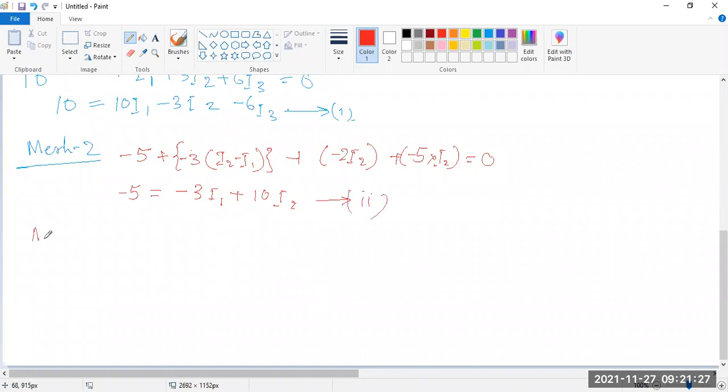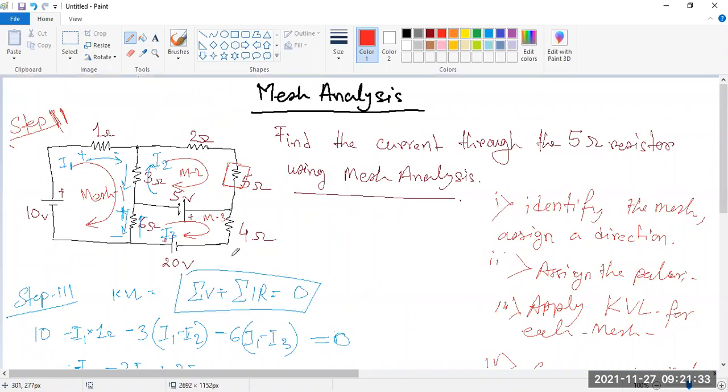And now for mesh 3, you can see this is mesh 3. Here there are two voltages, one negative to positive and one negative to positive, so both should be in the positive sign.